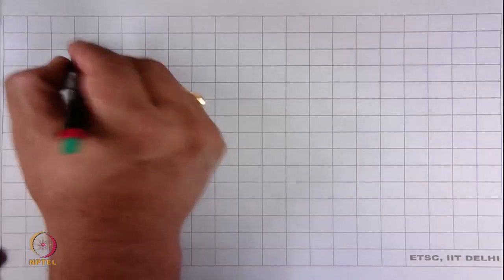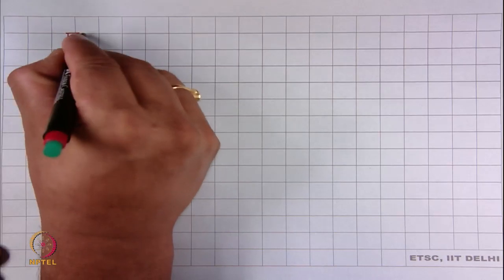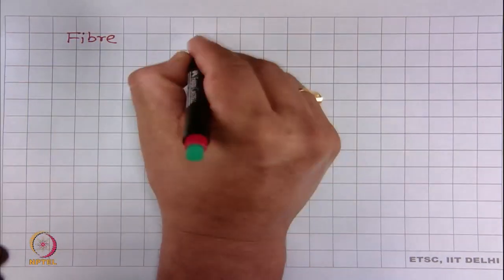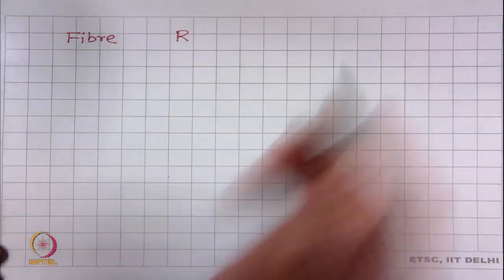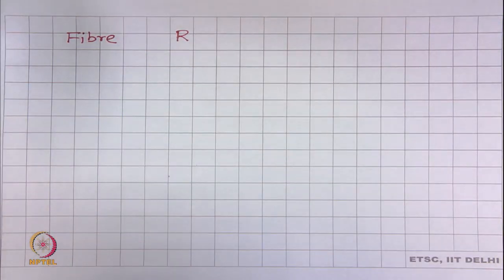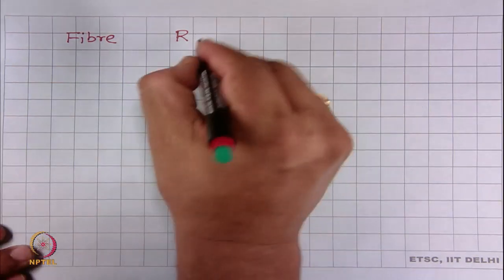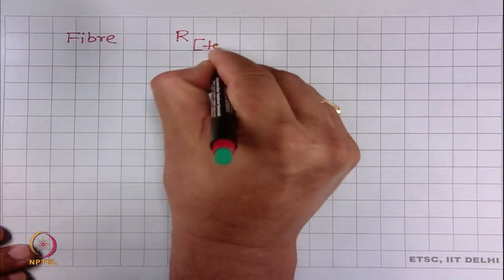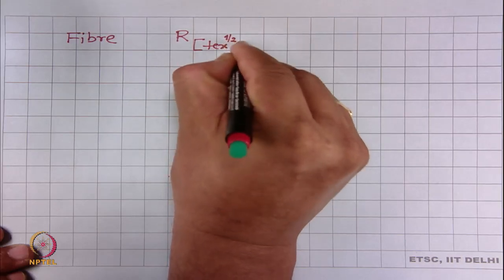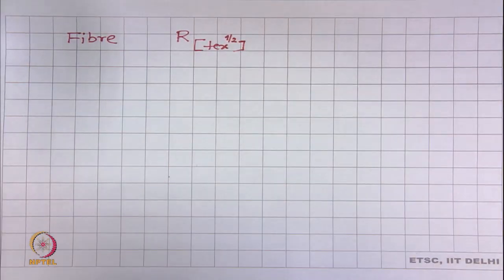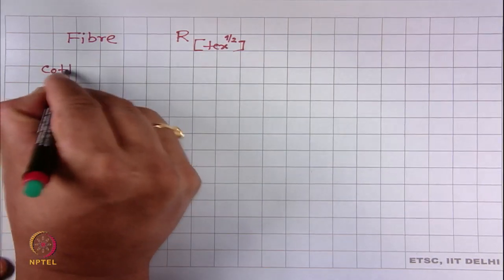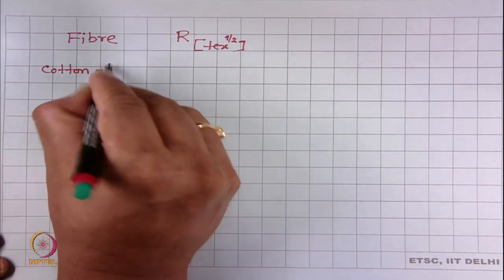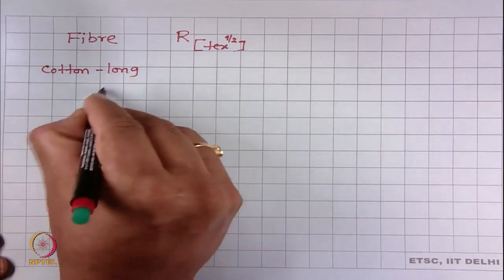So, fiber and R. By the way, what is the unit of R? Unit of R will be this. Cotton, long staple.